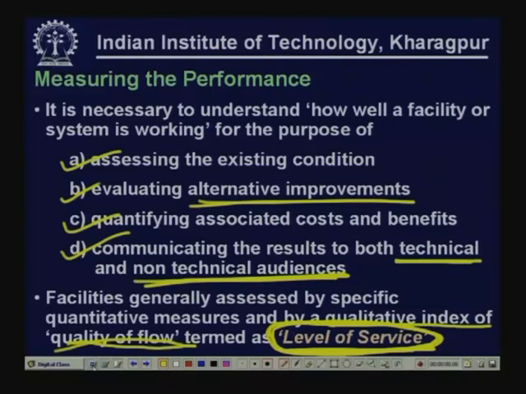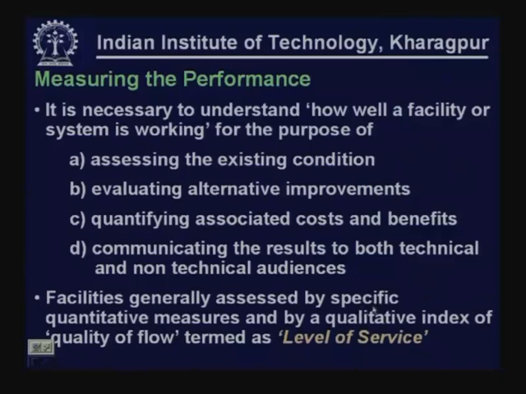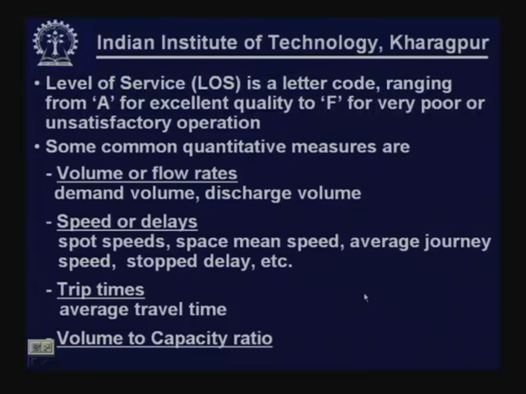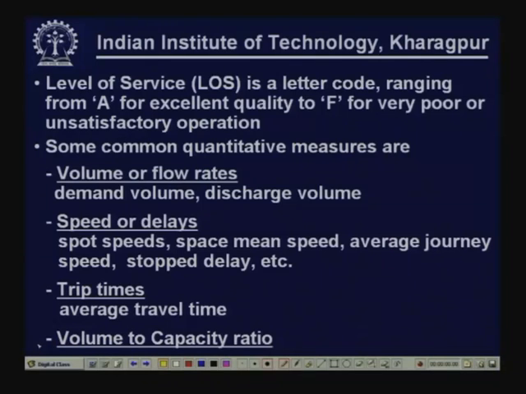Level of service is a qualitative aspect and is normally expressed by a letter code ranging from A to F. A indicates excellent quality, F indicates the worst, very poor or unsatisfactory operation, and B, C, D, E are in between.